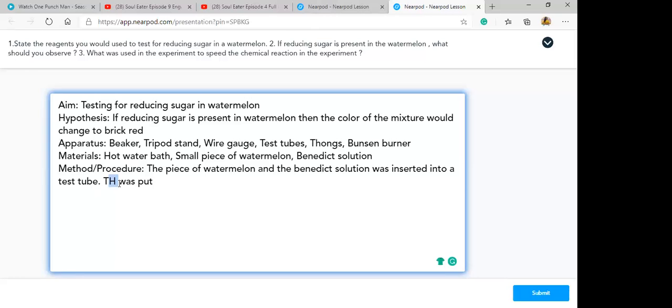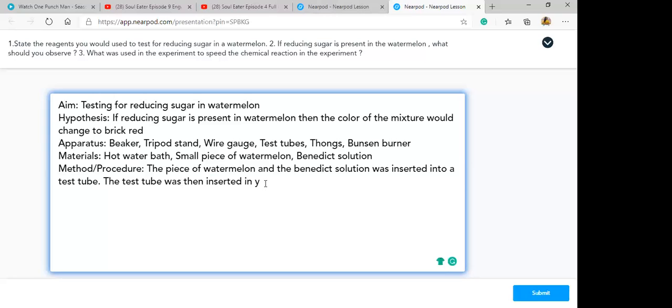So today's a trial and error session for you. The test tube was then put in the hot water bath. Inserted. You could use the same word. Was then inserted in the hot water bath. To insert means to put in. Same thing.